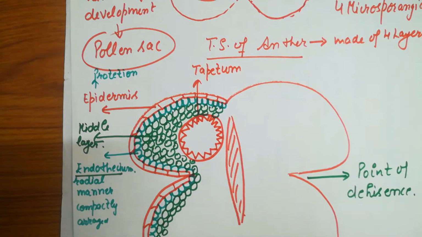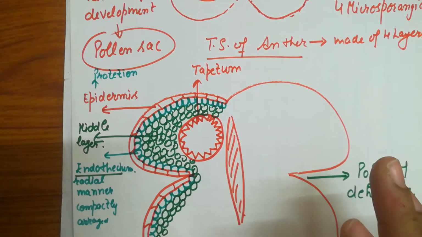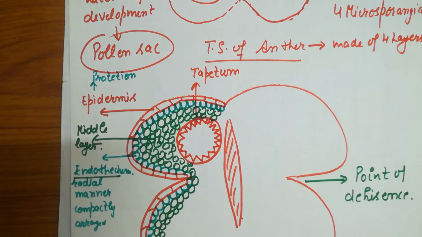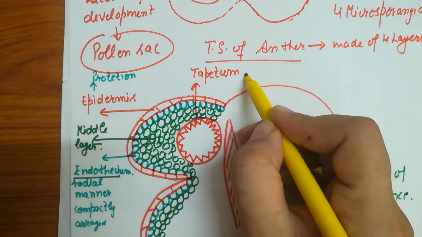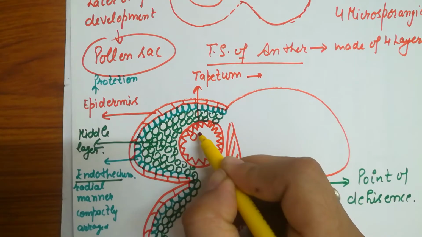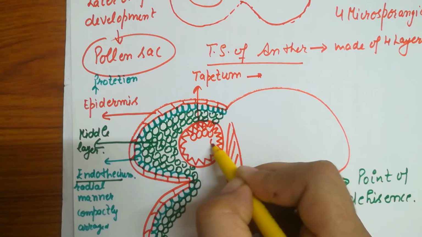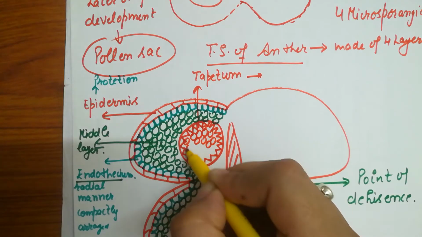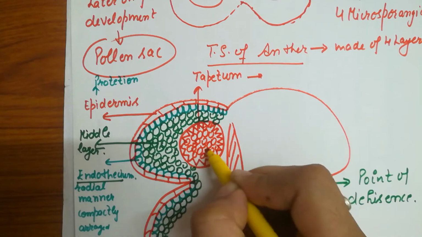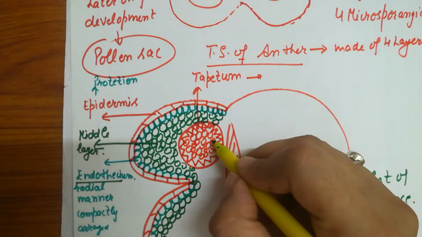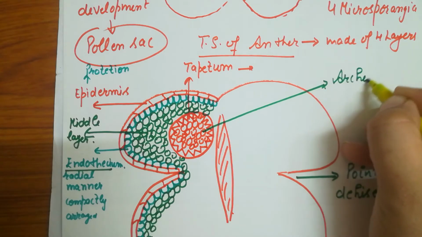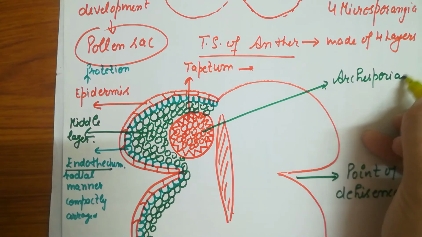Now this is one of the very important layers when we discuss the structure of anther, and its function is also asked in exams. It is the innermost layer. It is filled with compactly arranged cells, and these cells are known as archisporial cells.